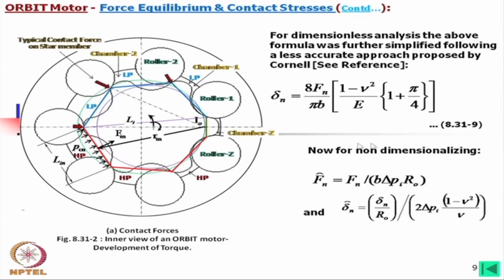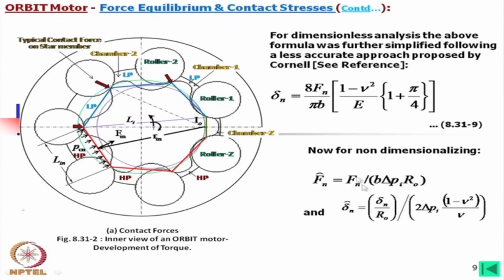And the beauty of using such non-dimensional analysis is that you can analyze the machines for a particular geometry, and then you can consider the pressure, actual width, flow rate, everything later to give the physical size of these machines, keeping the geometric relation same. Now, the deformations in the same way we can express in the non-dimensional form.